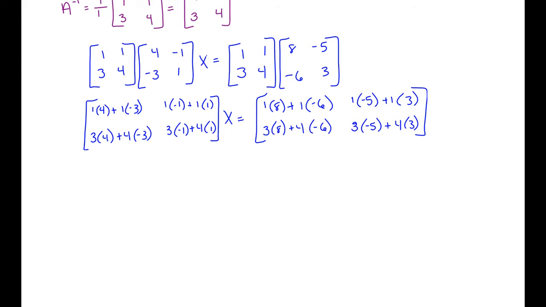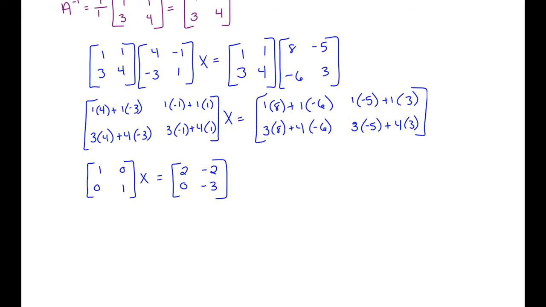So I get 1, 0, 0, 1. So I get the identity matrix on the left, which we should, and that's times matrix X, and it's going to be equal, so if I go ahead and simplify that matrix, 2, negative 2, 0, negative 3.